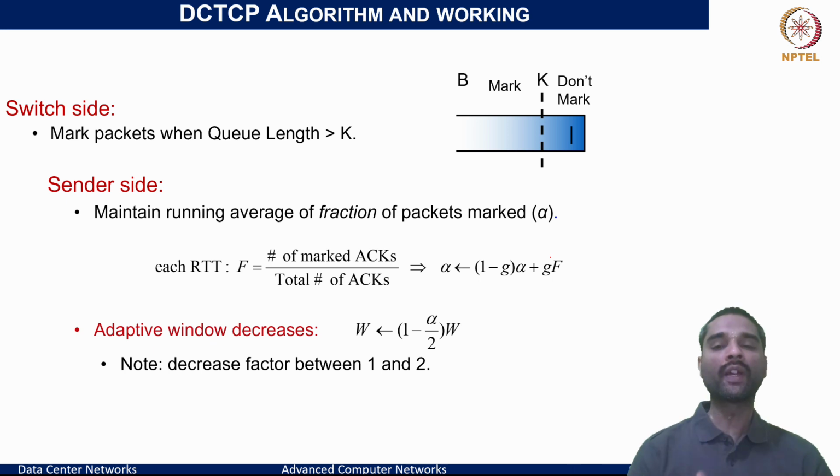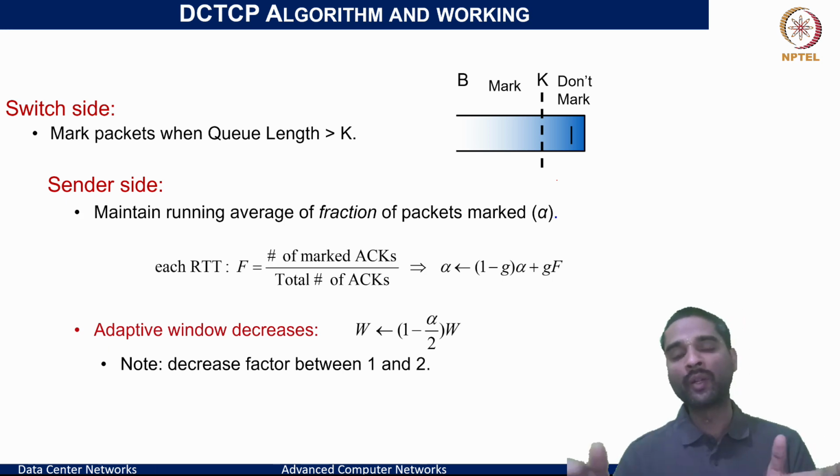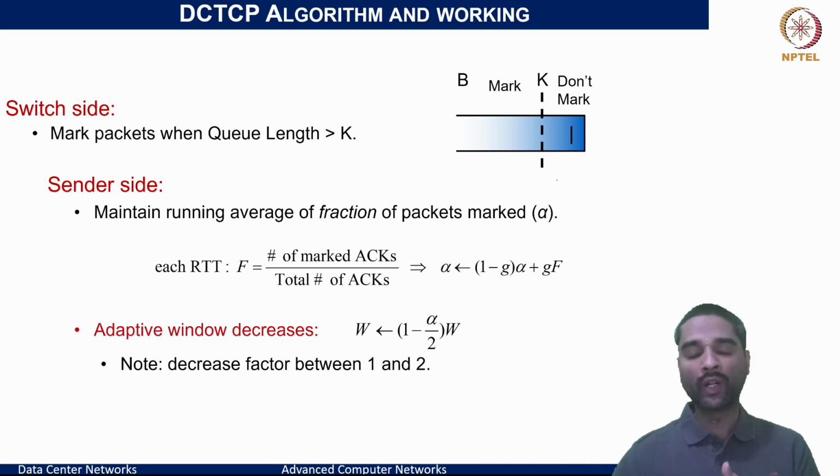But if at any time we see a packet received with the ECN flag, then we want to adapt the congestion window. This is where we use this running average, the alpha variable, which indicates by how much we should take the current information into consideration. Many times the packets you transmit in one RTT may overlap with the packets you receive in another RTT.